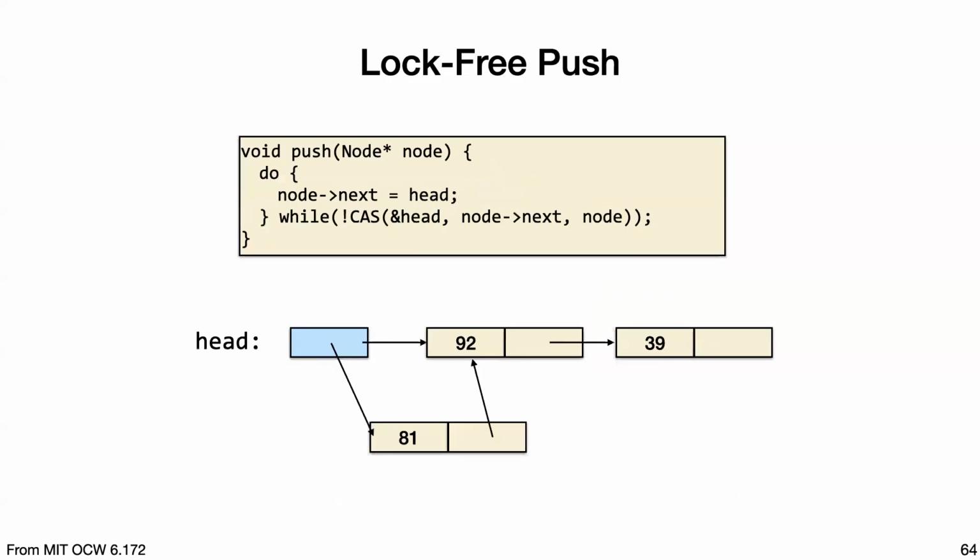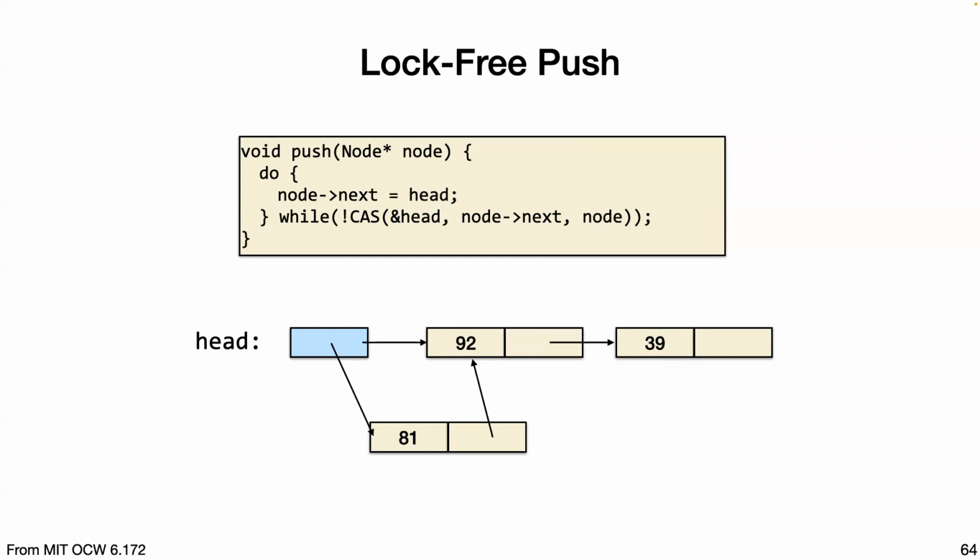Okay, so how would we do this lock-free push? You can use a similar trick to what we were just doing with the sum. We have this do while, and instead of doing it for actual numbers, you can do it for pointers, because a pointer is like a 64-bit integer in a sense.